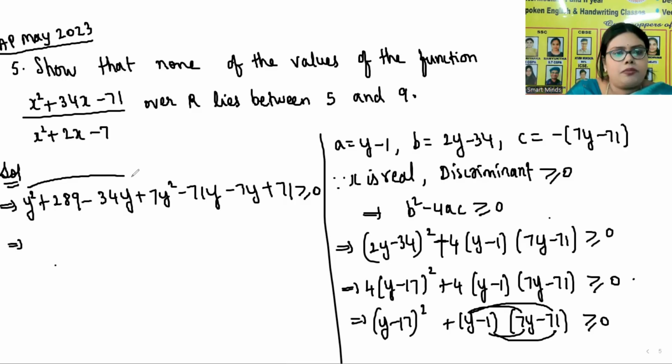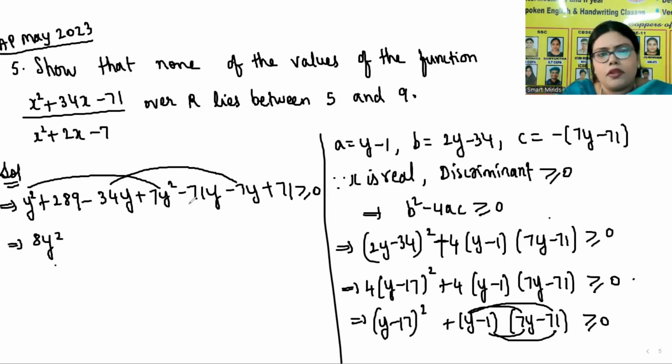Now y square plus 7y square is 8y square, minus 34y minus 7y is minus 41, and minus 41 and 71, it is minus 112y.